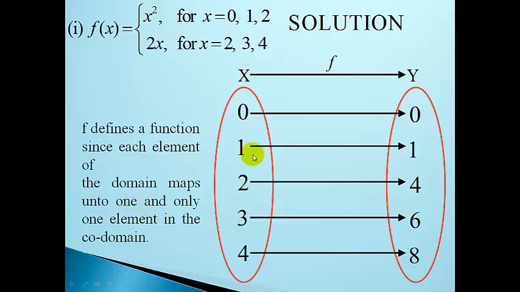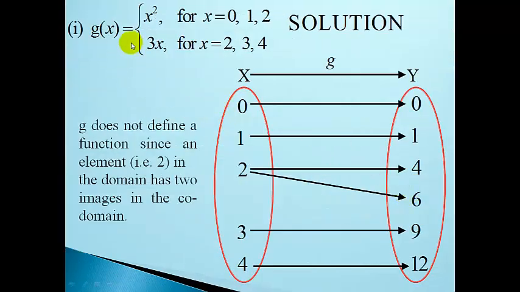So we can see that each element in x is mapped to one and only one element in y, and that is why f is a function. So f of x is a function because each element in x is mapped to one and only one element in y, as shown.